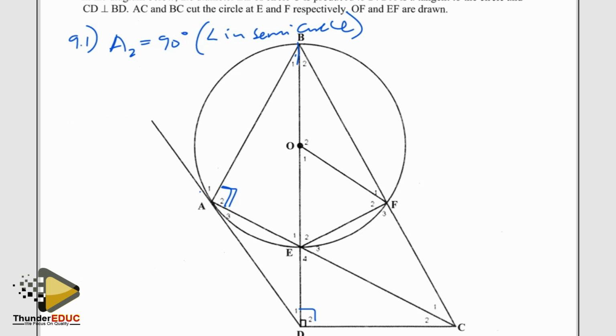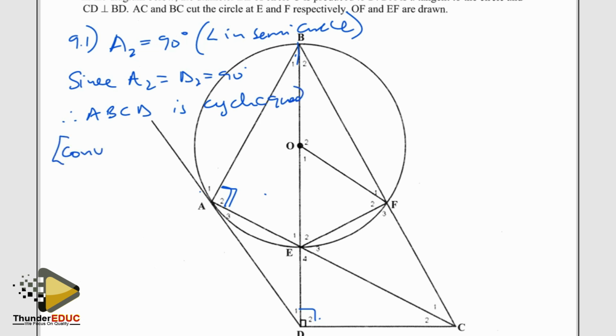And now the bow tie is matching, because I'm seeing a 90 and I'm seeing a 90. So since A2 is the same as D2, therefore ABCD is a cyclic quad. The reason is the converse of angles in the same segment, or angles subtended by the same chord. So that is 9.1.